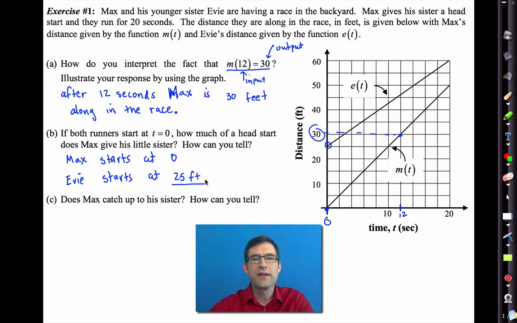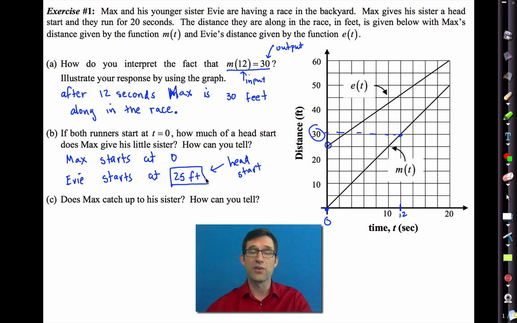So that's how much of a head start he gives her. That's the head start. Now we had to know that Max started at 0 and Evie started at 25, because if Max started at 10 and Evie started at 25, then he would have only given her a 15-foot head start. But he's starting, let's say, at the starting line, and she's starting 25 feet ahead.